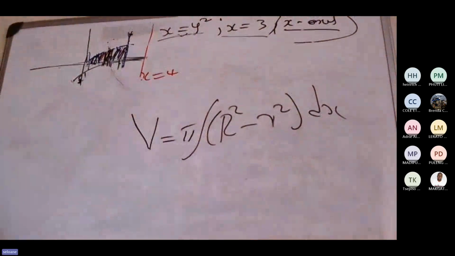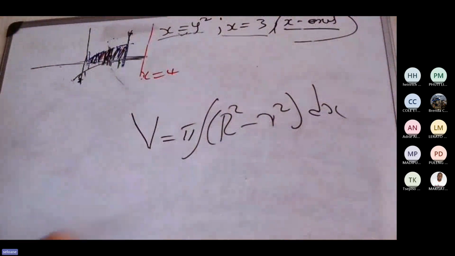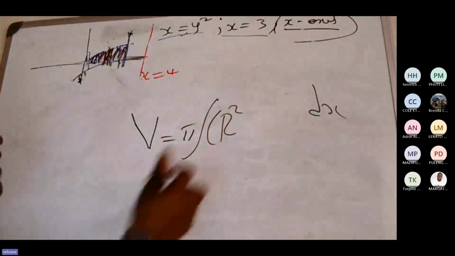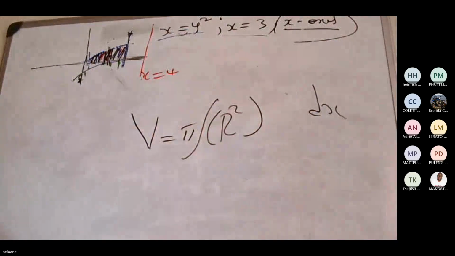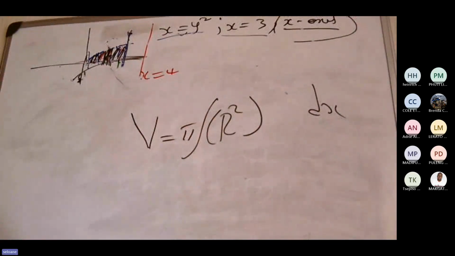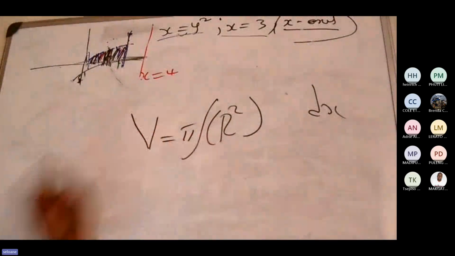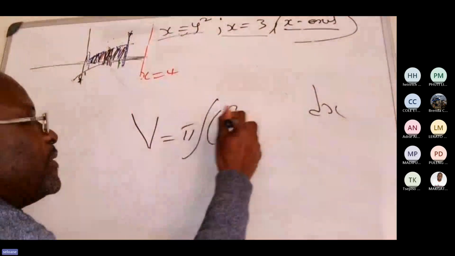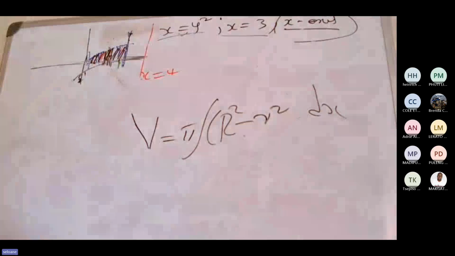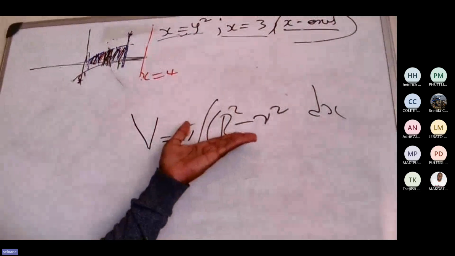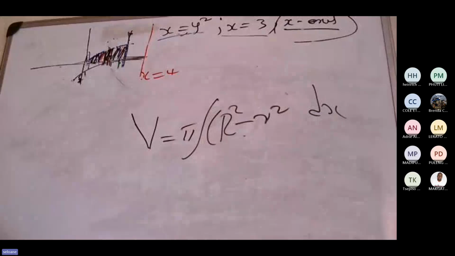But if the small r is not there, then we call it the disk method. But if the inner r is not 0, then we call it the shower method. Hopefully that makes sense.